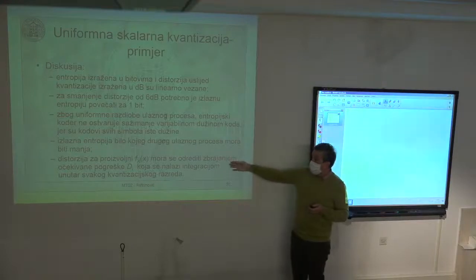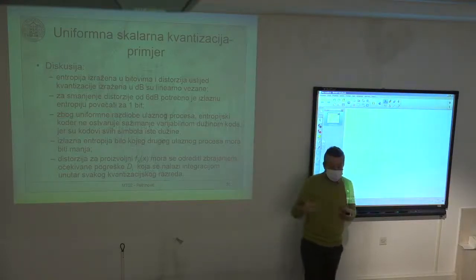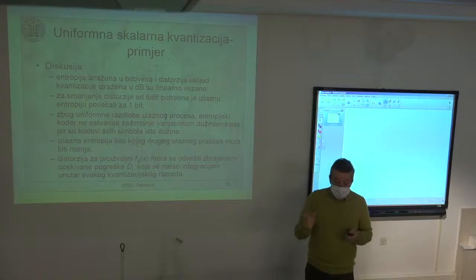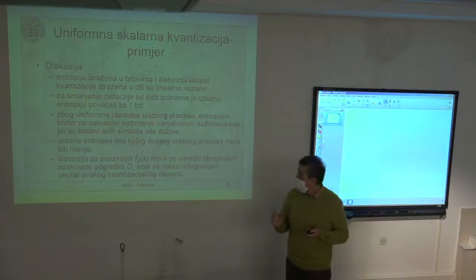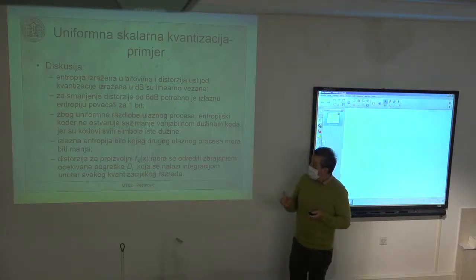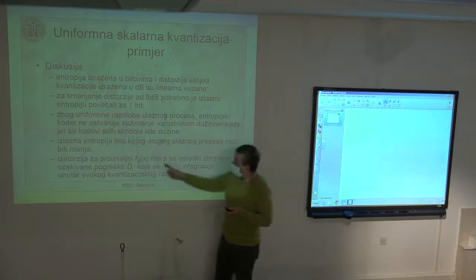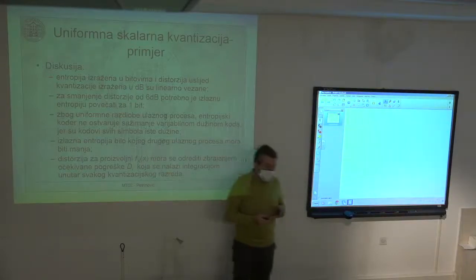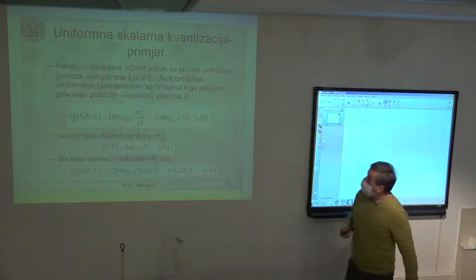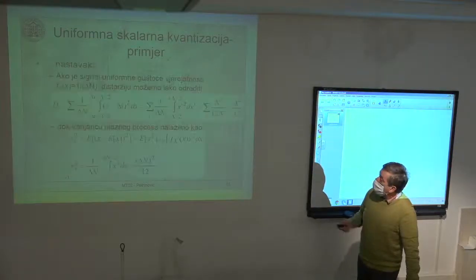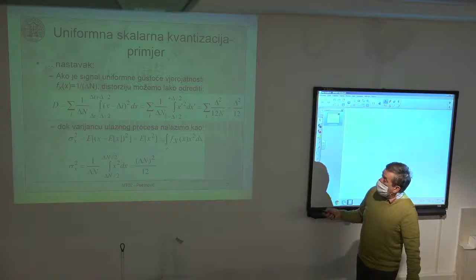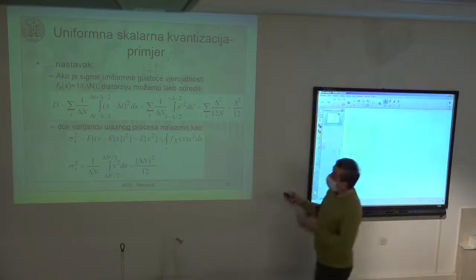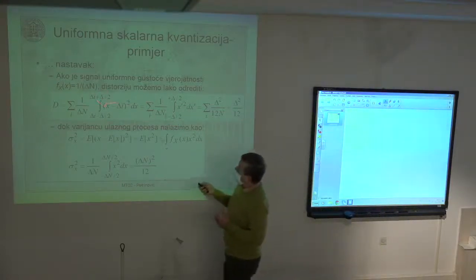Regarding the distortion, we have shown that the distortion has to be calculated in each of the quantization intervals independently, by taking into account the PDF of the process. In our trivial example, this PDF was uniform, and for that reason this integral was the same for any of the intervals.